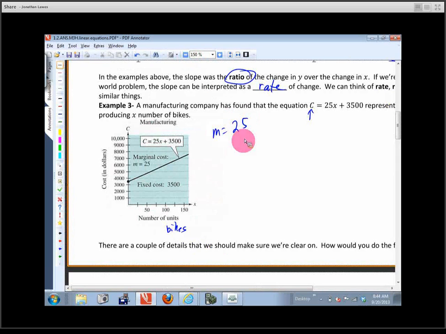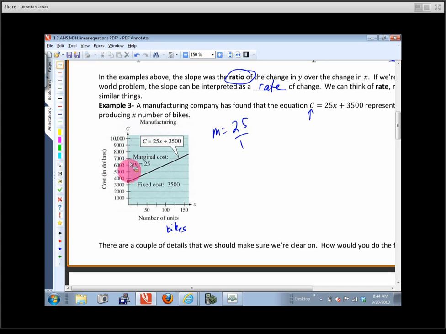And I heard somebody say it. It's 25 what? 25 over 1. We want to think of it as a fraction. Okay? Now, this is a rate of change. So it would be really helpful, especially in a real-world situation, if we knew what the units were here. What's the unit on the vertical axis going up and down?